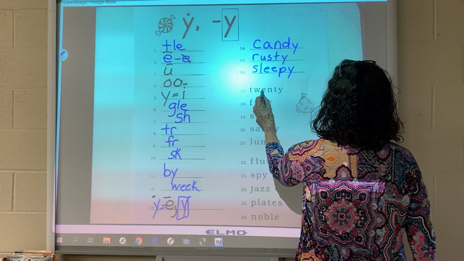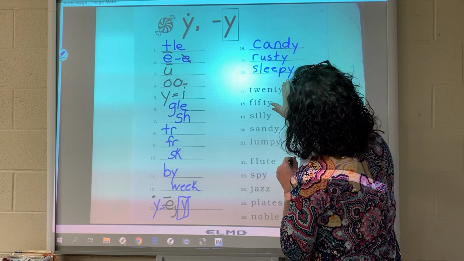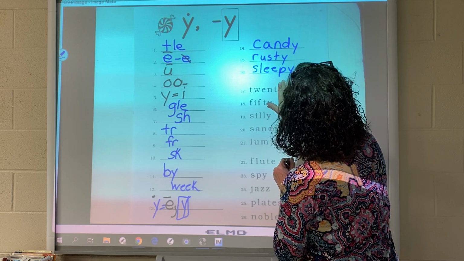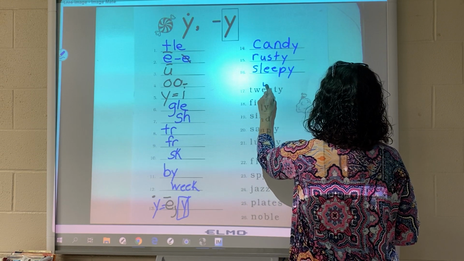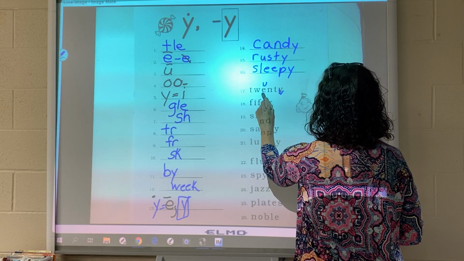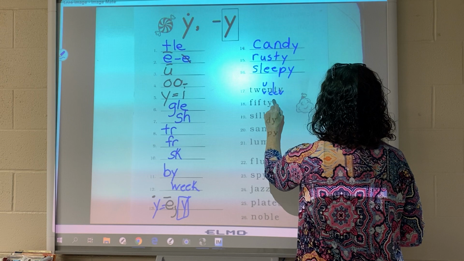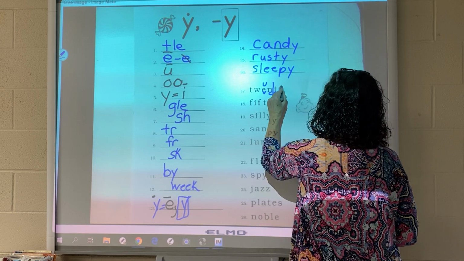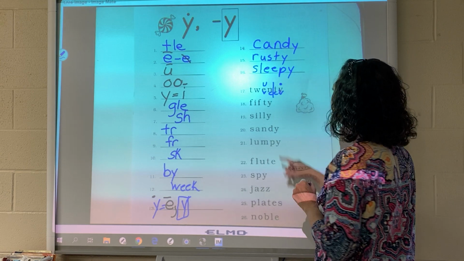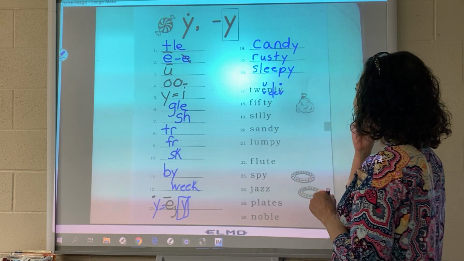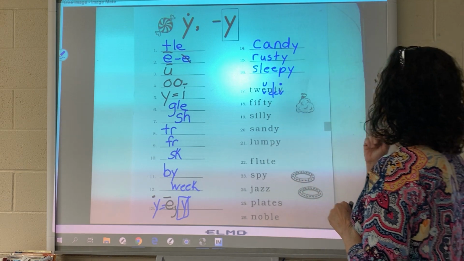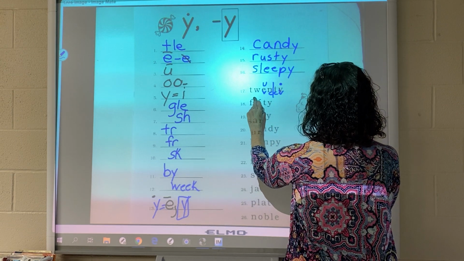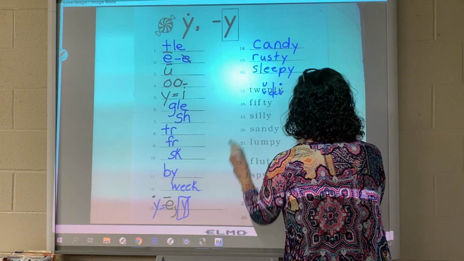And then let's look at these words. Twenty. Let me see if I can take that Y away. Twent. No, that is not a word. So this is a vowel, consonant, vowel word, and that Y is saying long E. And that word is 20. All right, let's code this word.